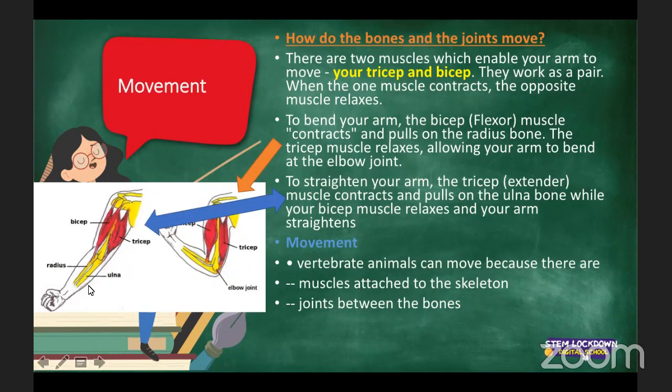To straighten your arm, the tricep extender muscle contracts and pulls on the ulna bone, while your bicep muscle relaxes and your arm straightens or stretches. This will be our tricep, and this will be our bicep.